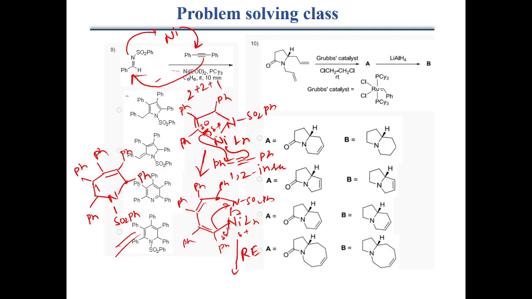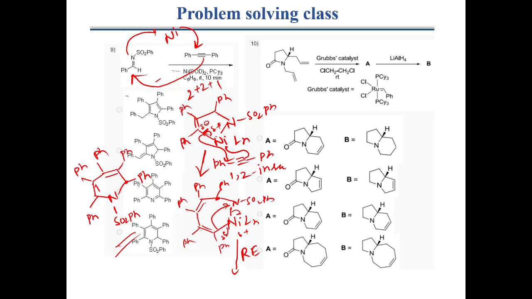First a 2+2+1 cycloaddition reaction in the presence of nickel, giving this pentacyclic nickel compound. After that, insertion of this alkyne, 1,2 insertion, giving this hexacyclic nickel compound. Then reductive elimination of the heptacyclic nickel compound, giving this hexacyclic product. This one.